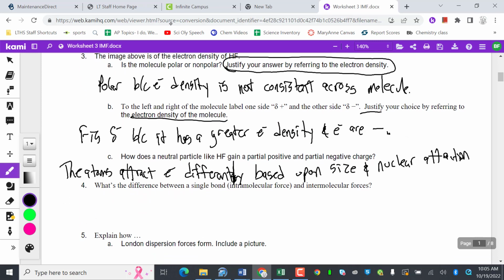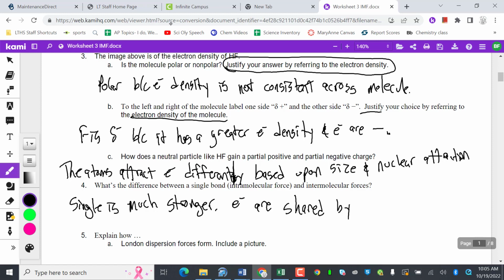What's the difference between a single bond, intramolecular force, and intermolecular forces? A single bond is much stronger, typically about 10 times stronger. Electrons are shared by two atoms.